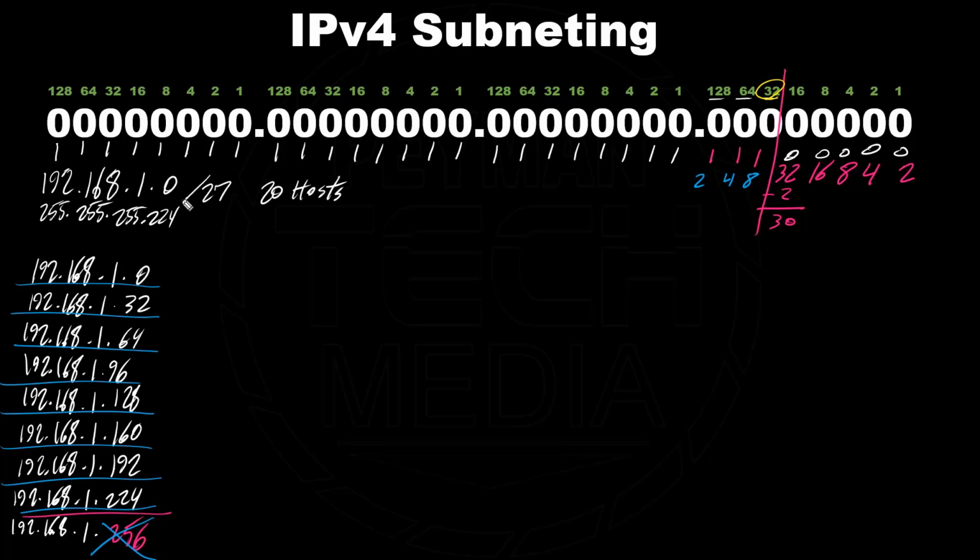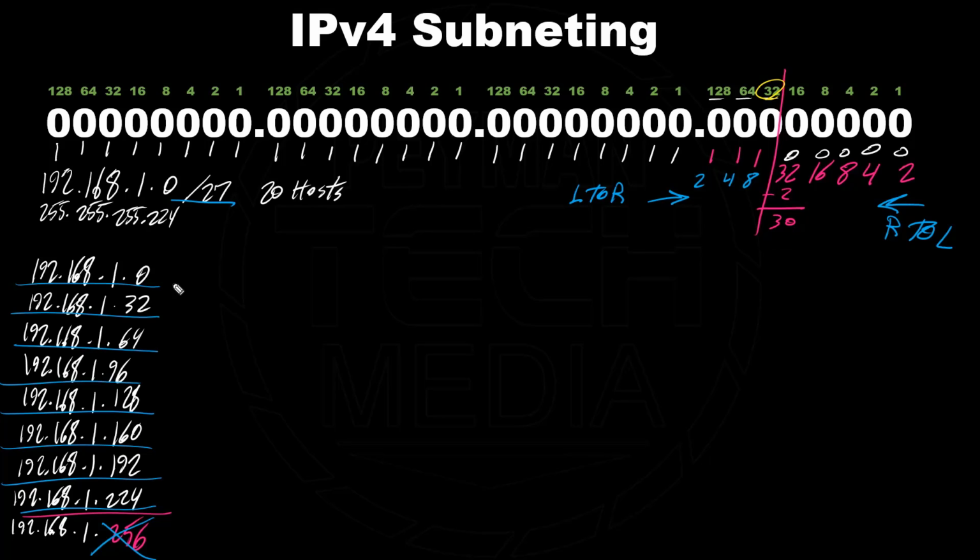Therefore, this CIDR notation of /27 will give us 8 different subnets, which applying the formula here, we saw the number of subnets going from left to right, starting with 2, 4, 8, number of subnets. And the number of hosts going from right to left, starting with 1, 2, 4, 8, 16, 32, minus 2 because of the network address and a broadcast address to get the available number of IP addresses. So every subnet we will have 30 IP addresses.